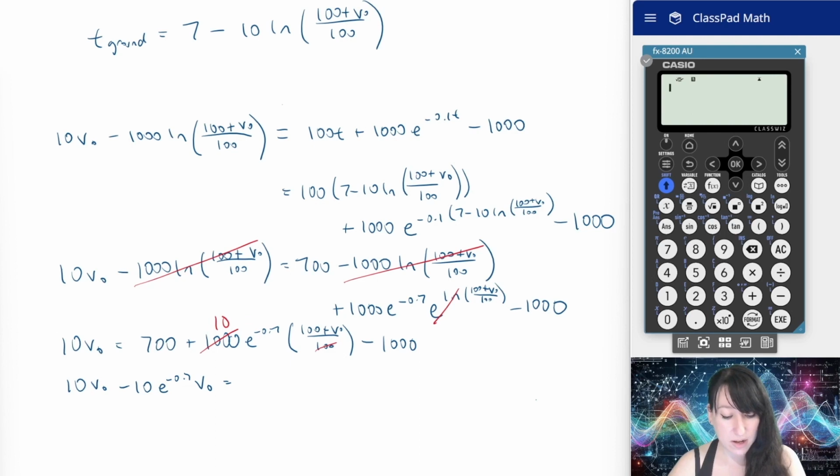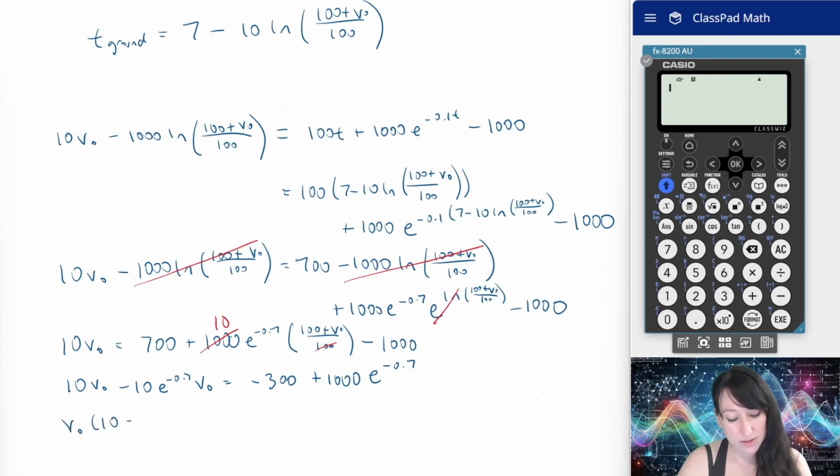On the right-hand side, we have the 700 minus 1000, and the 10 e to the negative 0.7 times the 100, so plus 1000 e to the negative 0.7. So to solve for V naught, we'll factorize that left-hand side for V naught, and then divide.